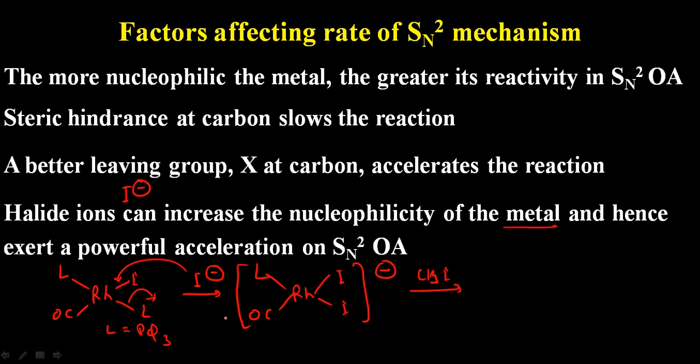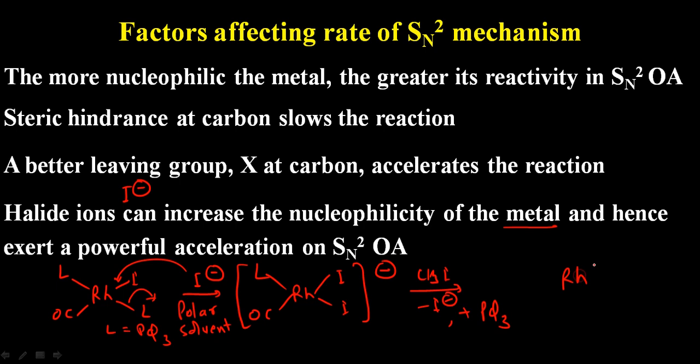One thing is important: because we know that polar solvents accelerate the mechanism, we must add some polar solvent in the step involving the addition of inorganic iodides. Then the I negative is removed and finally triphenyl phosphine is attached again to the complex.